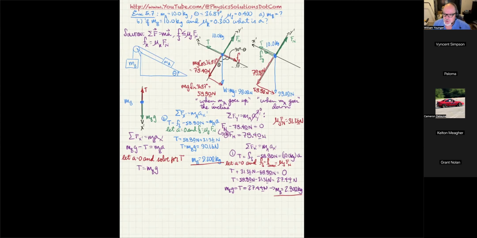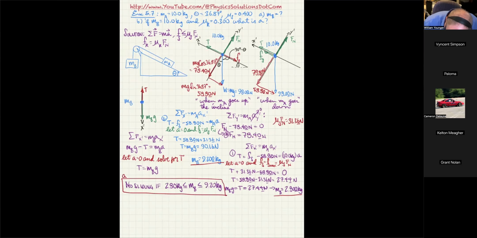So the range at which it doesn't slide is from 2.8 to 9.2. So no sliding if 2.80 kilograms is less than or equal to M sub B is less than or equal to 9.20 kilograms. And this is our answer for part A.